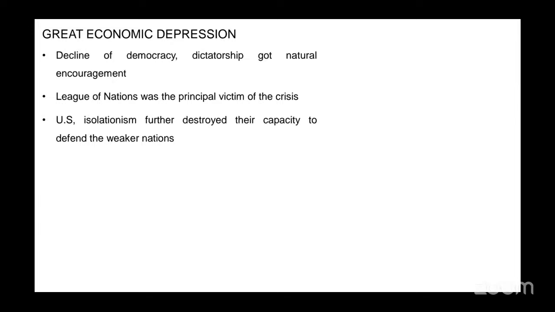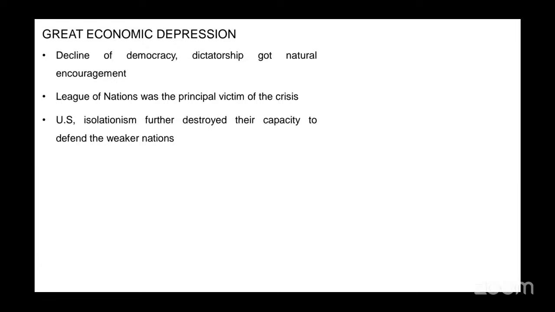The League of Nations was a principal victim of this crisis. US isolationism further destroyed their capacity to defend the weaker nations. So the US, what did it do? It smartly stopped interfering in European matters. It focused on its industries, development, and mass production with the new laissez-faire economic policies.